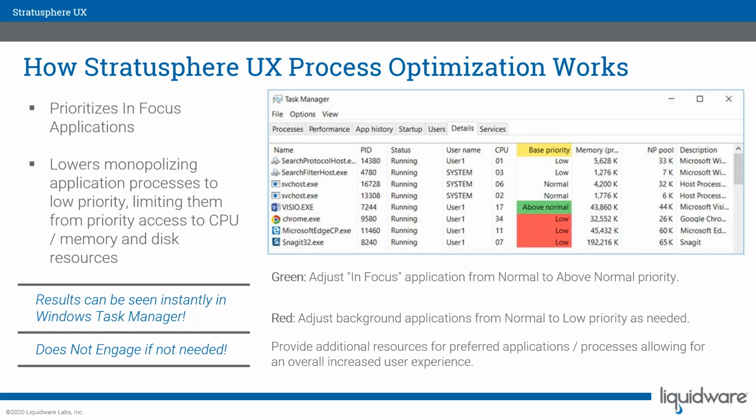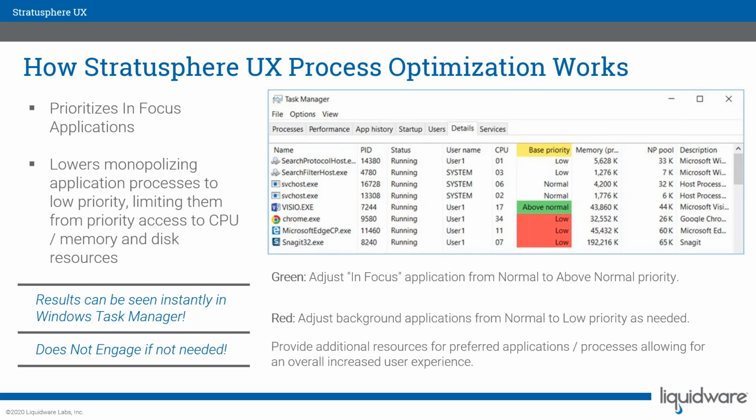All I'm doing is changing the base priority of the thread of the executable to above normal. Almost zero overhead to do that. You can actually do it in Task Manager. You can go in there, right click. If you're fast enough, you could change it, do exactly what Optimizer is doing.